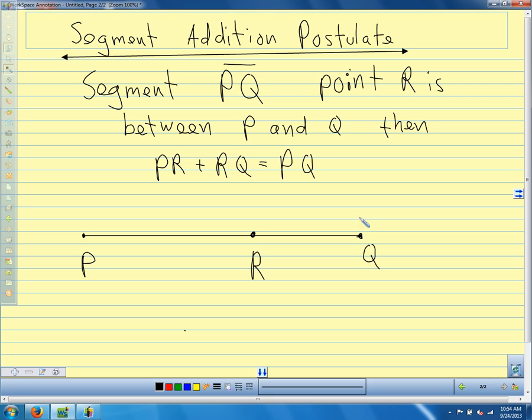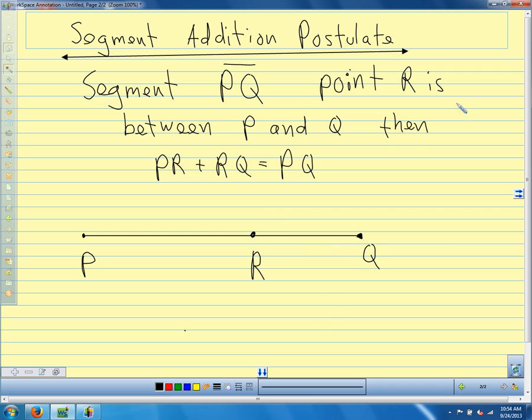Makes sense, right? The two smaller pieces, when I put them together, I get the big piece. That's what the segment addition postulate tells us. I can add the lengths of the two smaller segments, and it gives me the length of the longer segment. And all we need is for point R to be in between the two.